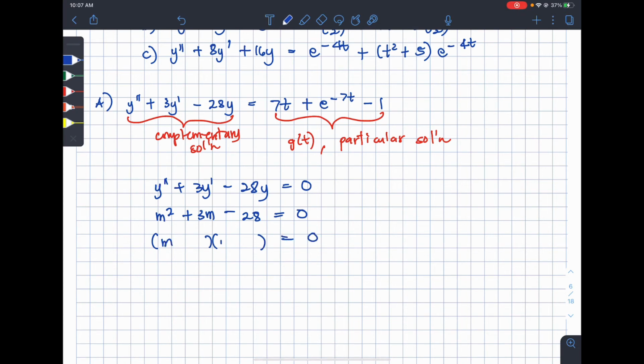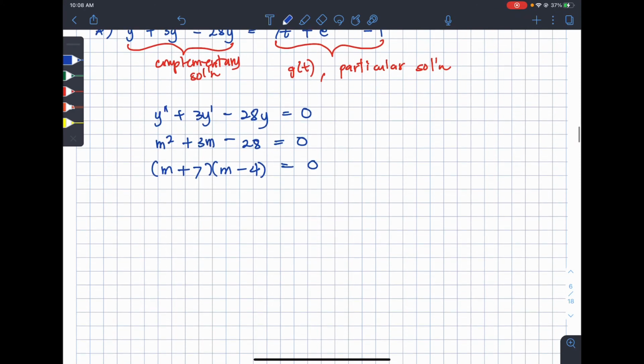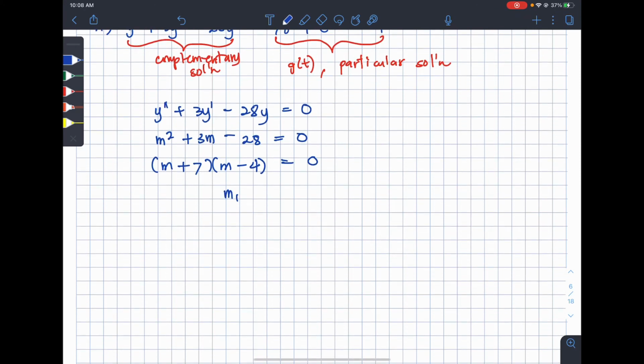So m and m, with 7 and 4. 28, then I need a positive, so plus 7m minus 4m, so that is positive 3m. From here we can get that our m1 is equal to negative 7, and our m2 is equal to positive 4.